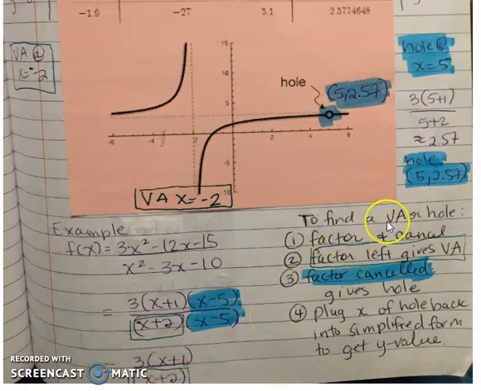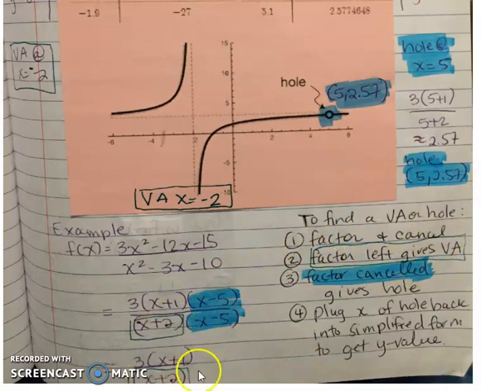To find a vertical asymptote or a hole, you've got these 4 steps. Number 1 is to factor and cancel, which is exactly what I did. Number 2 says the factor that you have left gives you your vertical asymptote. Here, the factor left is x plus 2. I've boxed it up here and here.